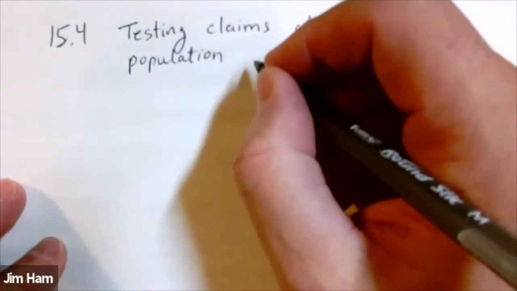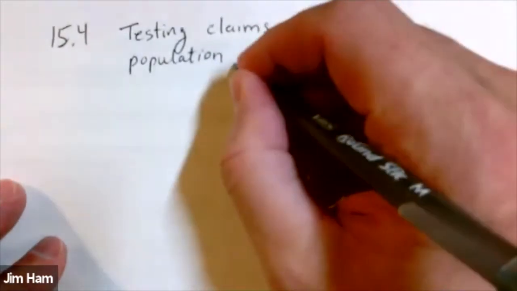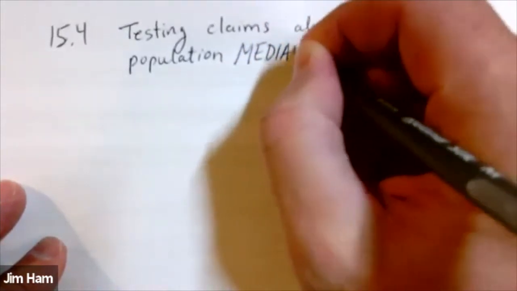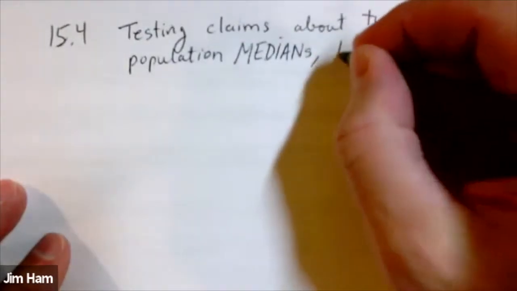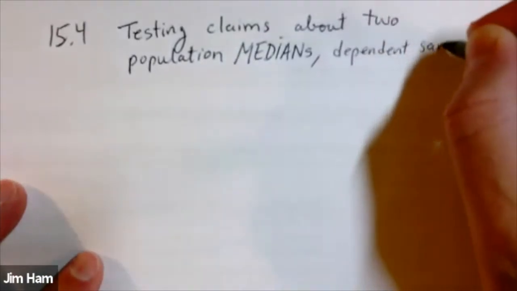We had two sections in chapter 11 where we looked at claims about two population means. In this section, the claims are going to be made about medians. And again, dependent samples.